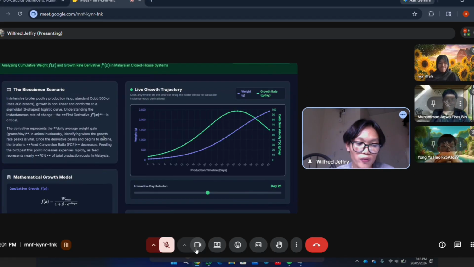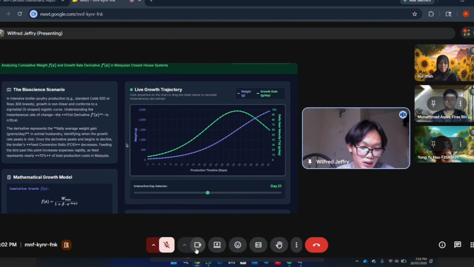Instead, their growth follows what we call a sigmoidal or S-shaped curve. This means growth starts slow, then speeds up in the middle, and slows down again towards the end.